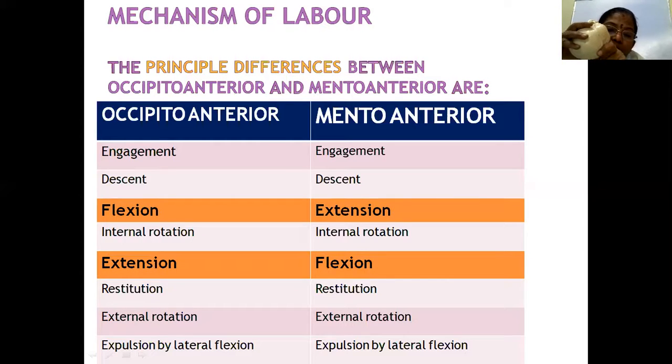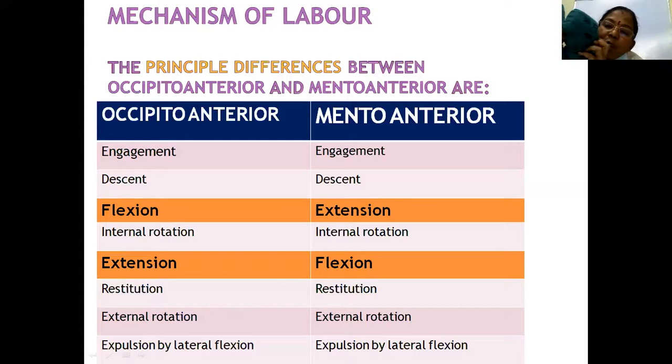In occipito anterior, the attitude is of flexion: the head is flexed, the limbs are flexed, everything is flexed. But in face presentation, the attitude is of extension. There is a complete extension like this. See, so there is an extension. This is the difference. Then the internal rotation is the same.